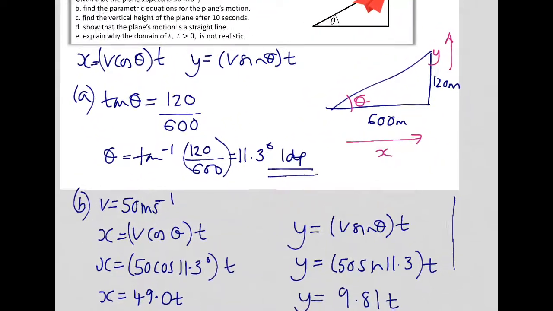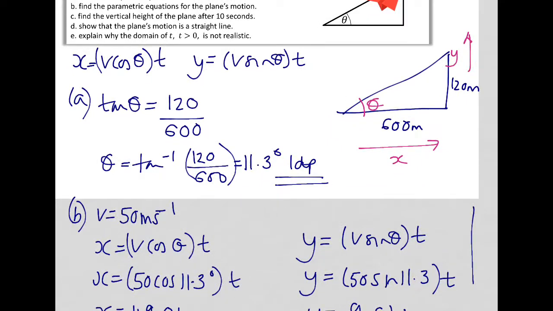Show that the plane's motion is in a straight line. So how am I going to do that? How am I going to show something's in a straight line? So immediately I'm thinking, right, straight lines, GCSE, all straight lines. They were like y equals x, or 3y equals 4x plus 7, or 10y equals 5x minus 12.